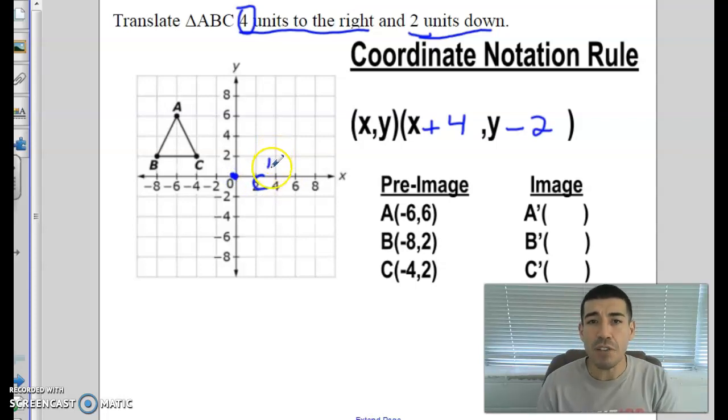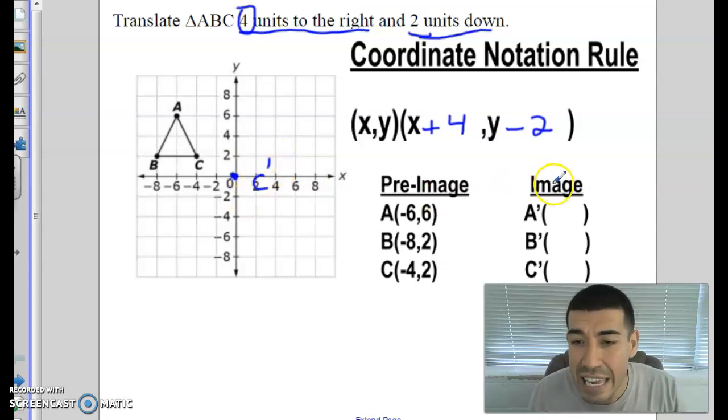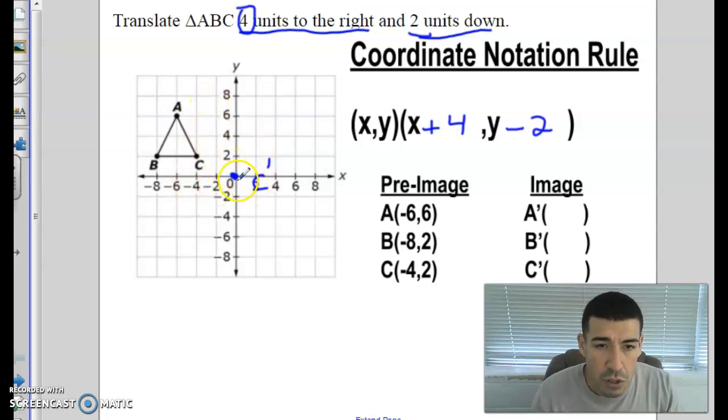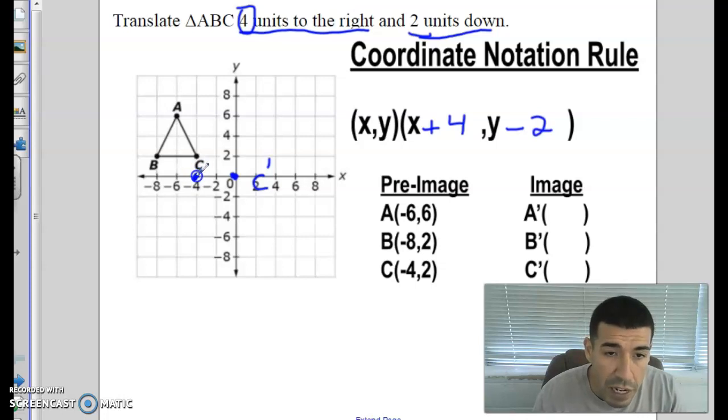So this becomes new C. Why do I put an apostrophe? Because this is the image. You always put an apostrophe on the image. In the image, we call it new A, new C, new whatever. So we put the apostrophe to distinguish it from the pre-image, from the original. Okay? So there's C. Now B is also going to move 4 to the right and 2 down, which is right here.